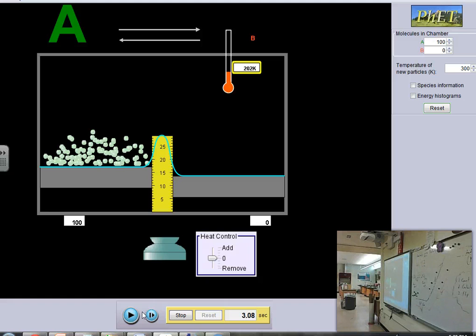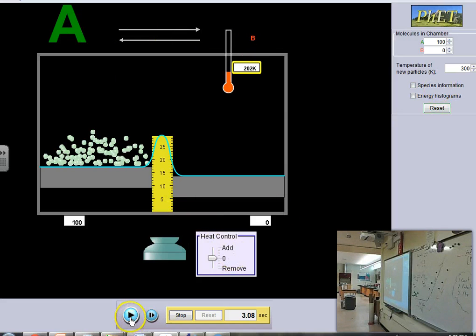Okay, we then used the PhET simulation from the University of Colorado at Boulder. These are very useful simulations to show the reversible reaction. And I wanted to show you a couple things here. The first thing is as we start, normally we started with a lot of A, right? A turning to B is the forward reaction, B going to A is the reverse reaction.